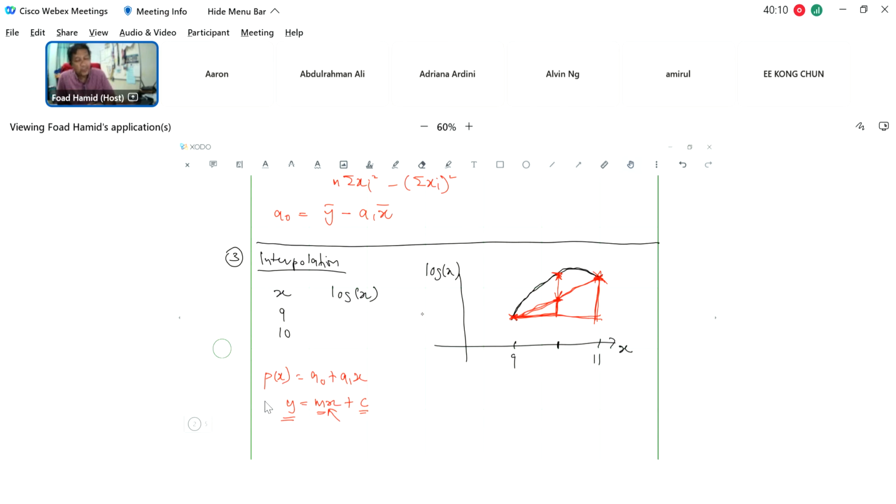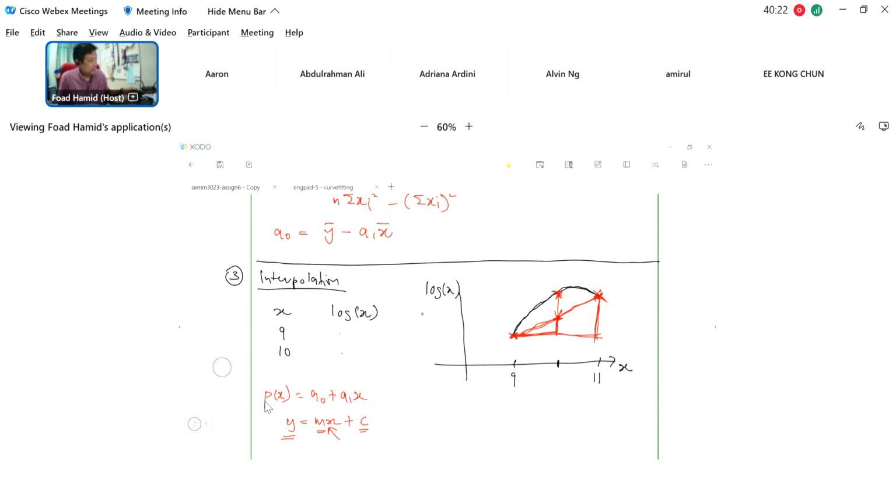So you need to find the slope. The slope is just this value minus this value. Let me use my calculator here. Maybe let's use Excel, much quicker.